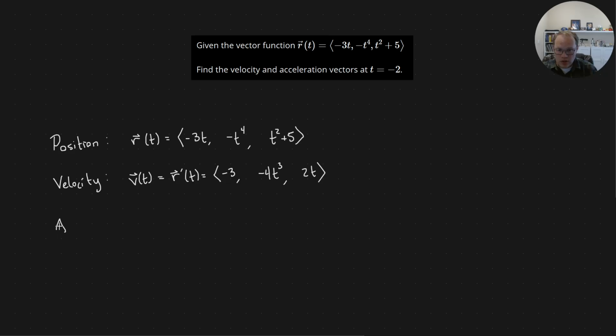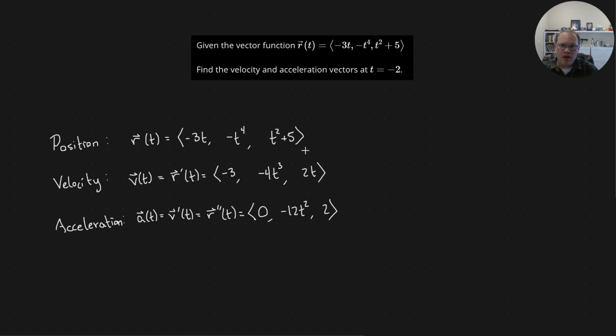The acceleration function is the derivative of velocity, and the second derivative of position, which in this case would be 0, negative 12t squared, 2.